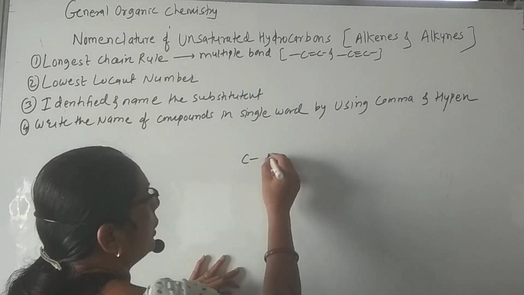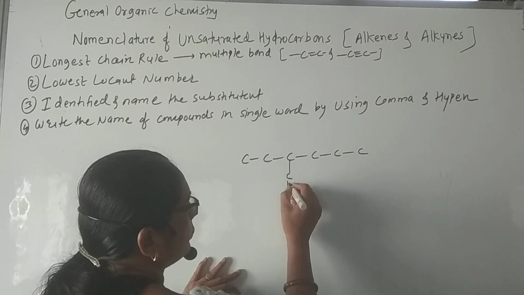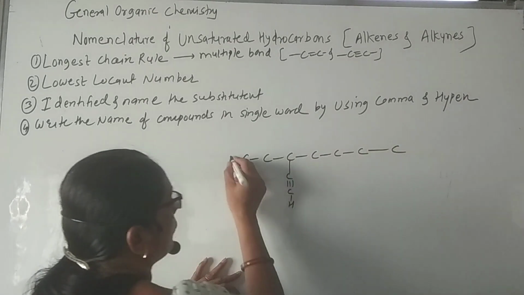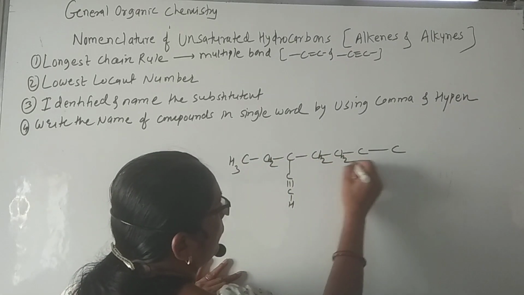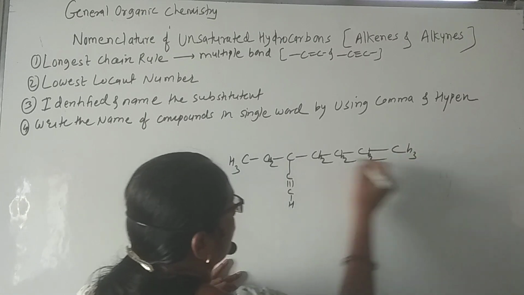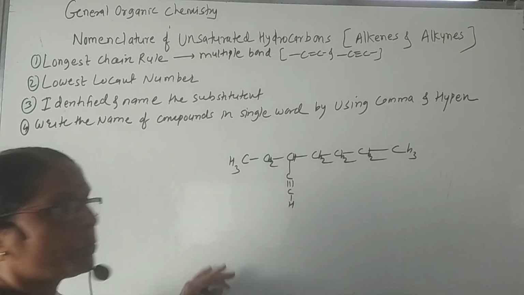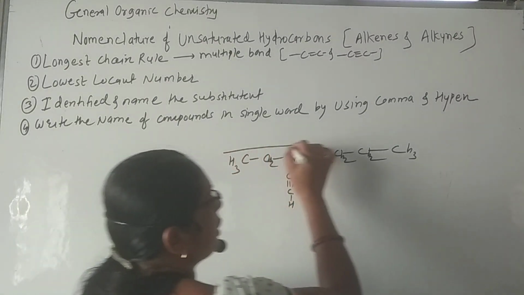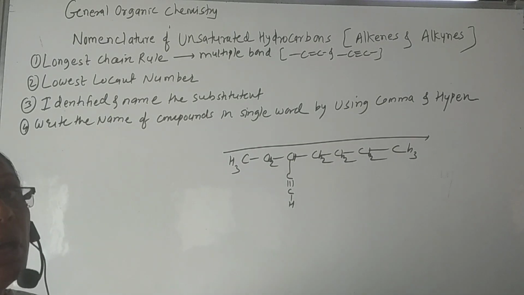For example, suppose I have an example like this. Suppose I have to select the longest continuous chain. In an alkane we would consider this chain the longest continuous chain. But here we are considering alkynes.